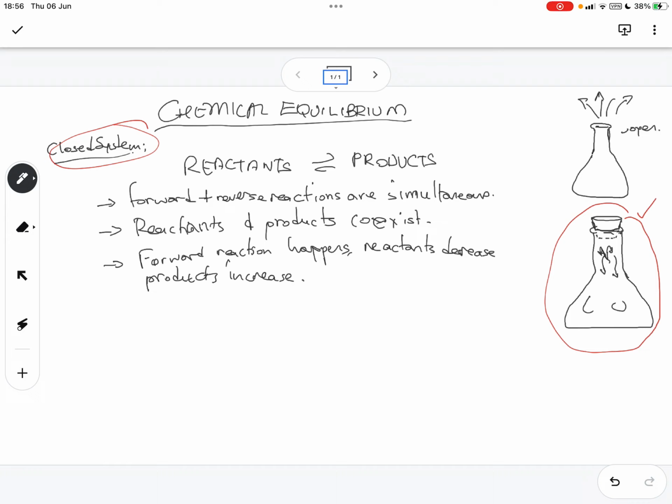And then again, as that same forward reaction happens, so this is the forward reaction, and then the reverse reaction.